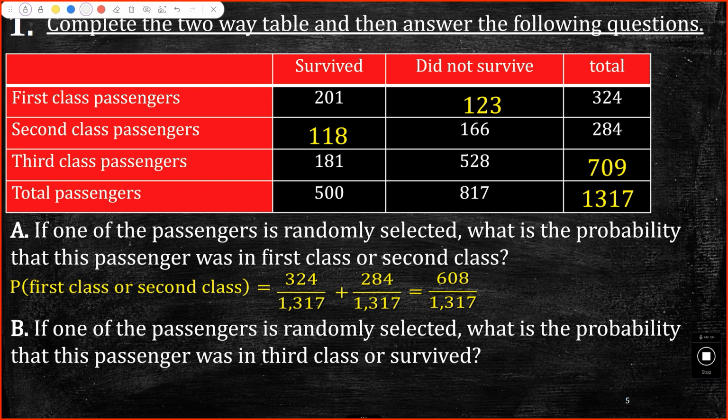Okay, so probability third class or survived. I'm just gonna go with S for survived, not writing too much. All right. So could you have been in both? And I think you could. Let's plus and then minus.